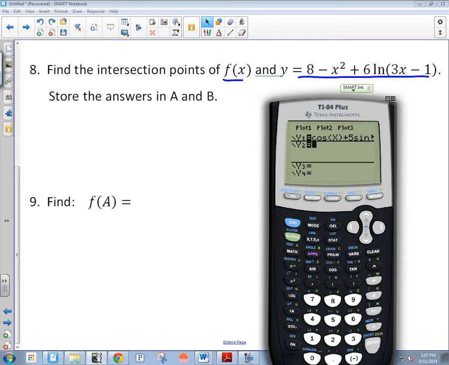I don't want e to the x anymore. Now I want this thing. So 8 minus x squared plus 6 ln, natural log, 3x minus 1. Close my parentheses.